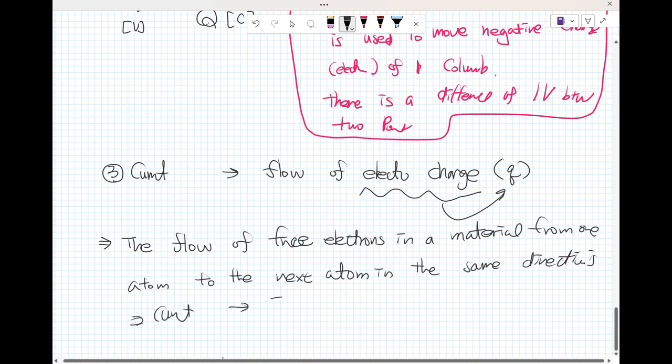The symbol is I. The unit is amps, sometimes A.